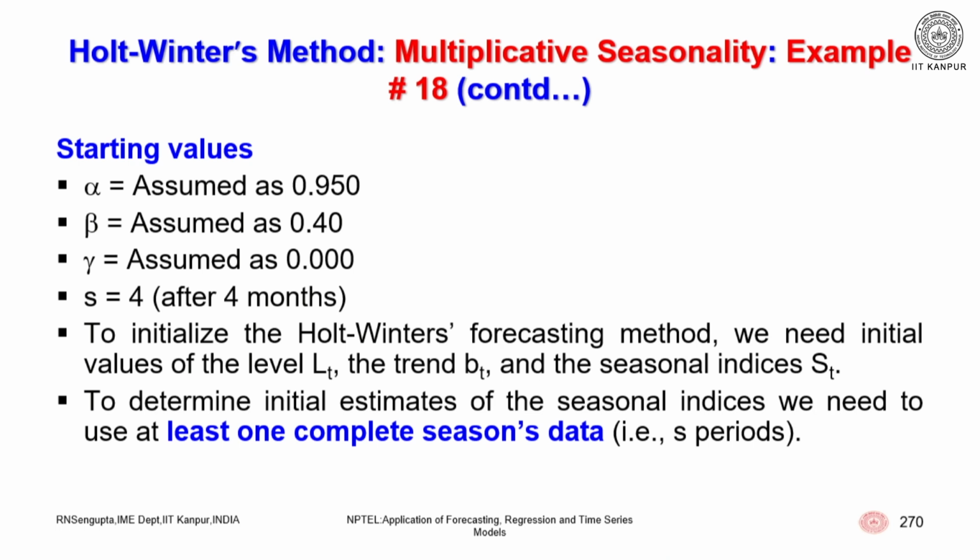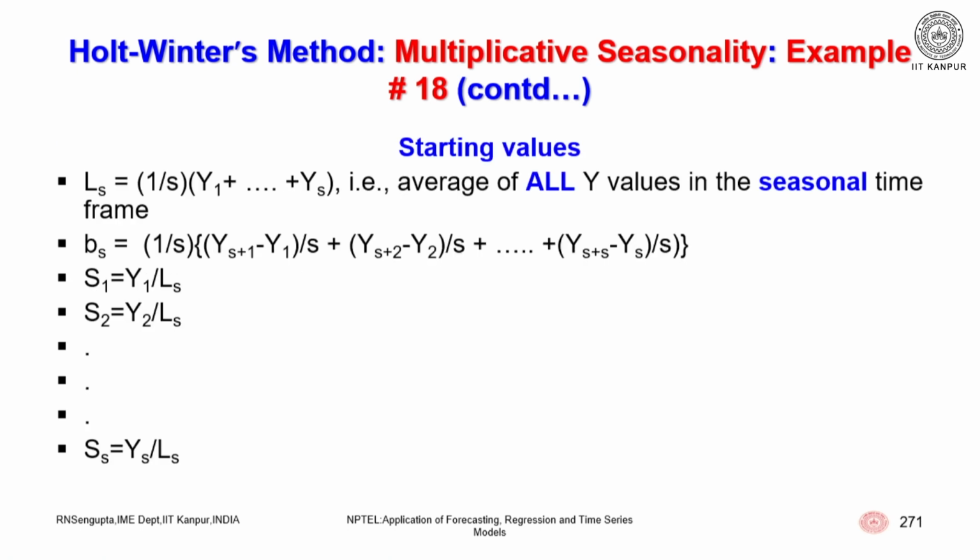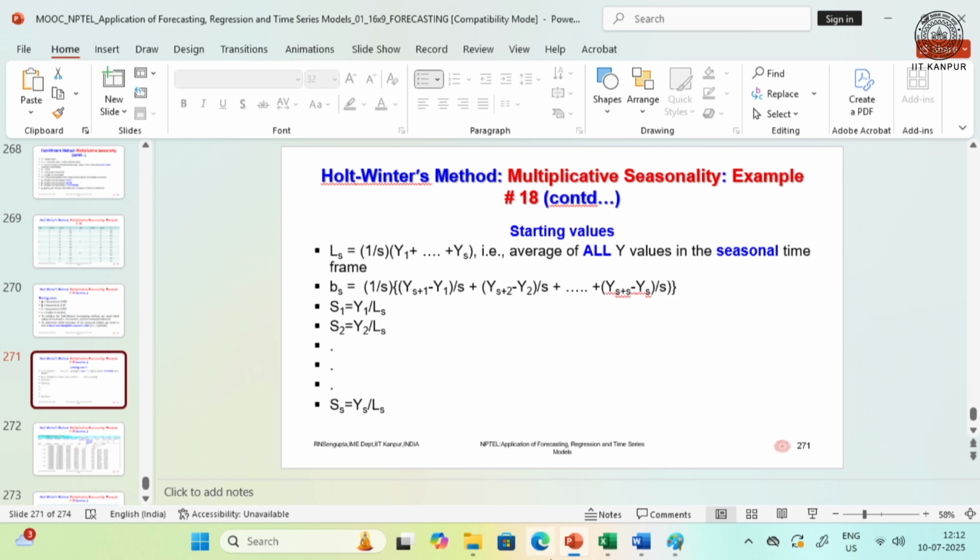Here m is considered as 1 because you are proceeding one step at a time, and small s is 4 because that is the total number of seasons. These are the concepts considered for L, B and S, and we will come back to the Excel sheet.